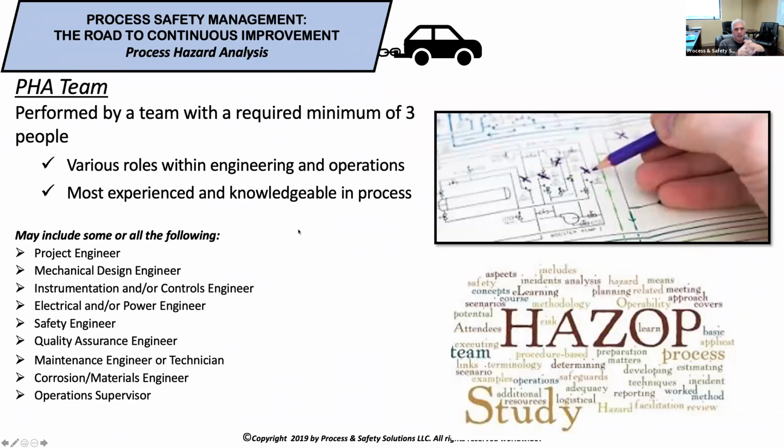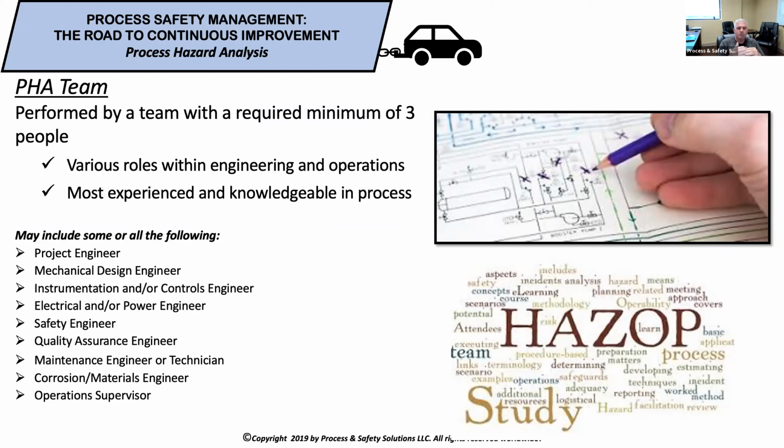Typically, for those of you that have done PHAs and are very familiar with them, you understand all of this. They must be performed by a team with a required minimum of 3 people. They can have various roles within engineering and operations, and they should be your most experienced and knowledgeable people in the process.